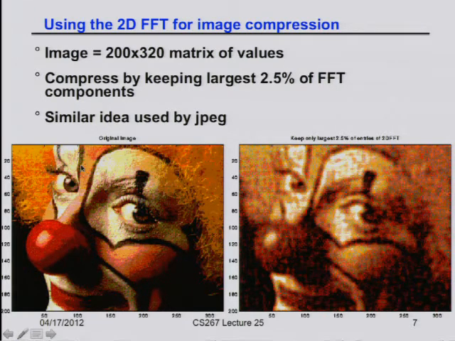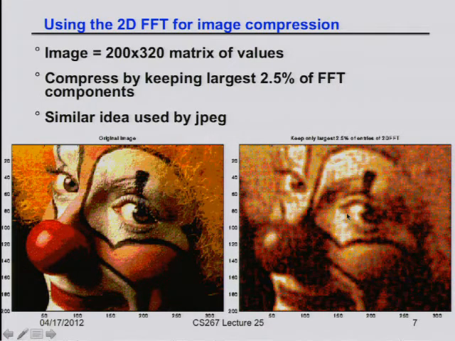I'm going to take its 2-dimensional FFT, which is a 200-dimensional FFT in the vertical direction and a 320 FFT in that direction, and I get a new matrix. And I'm going to compress it by throwing away all the tiny numbers, the same thing I did in the previous one. I'm only going to keep the largest 2.5% of the entries of that 2-dimensional FFT. And then I do the inverse, and I get back sort of a clown.